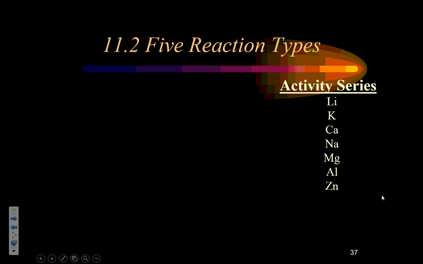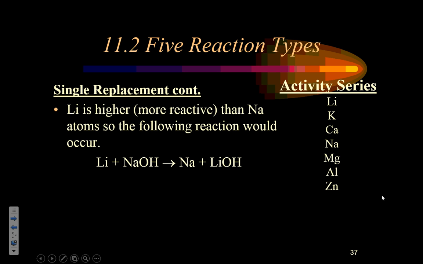Now the reason that's important is a single replacement reaction will only occur if the elemental substance is more reactive than the metal that's in the compound, and then it'll take its place. A reaction occurs if it's more chemically reactive. So when we do a single replacement, we have to think this through.